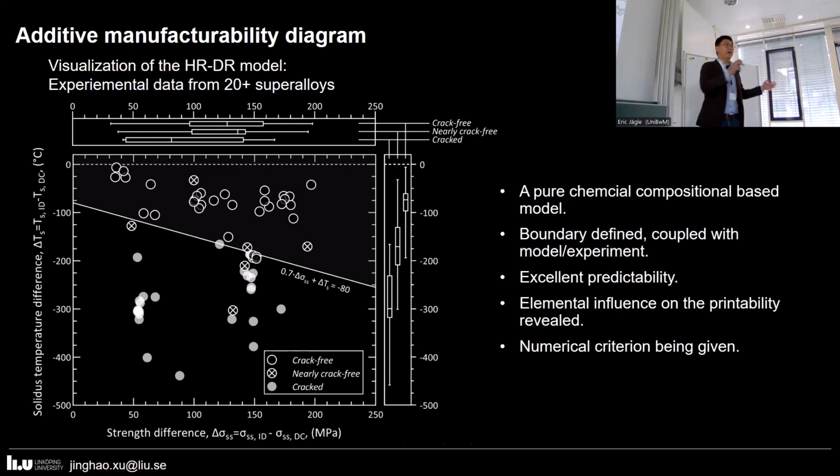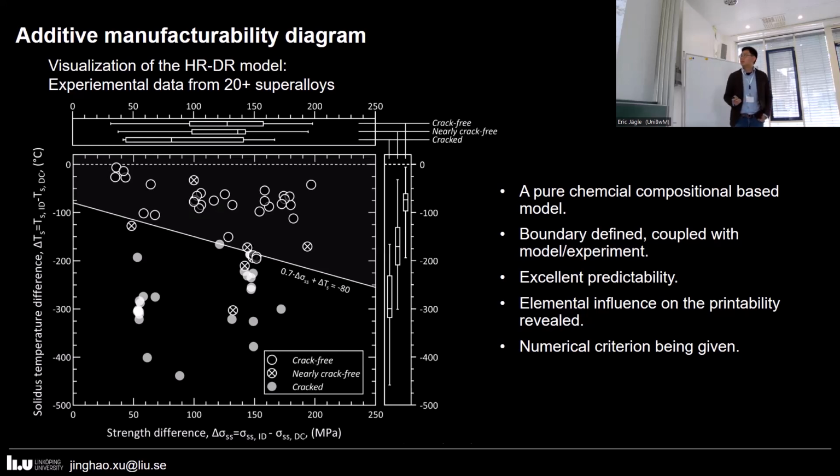They have both higher heat and deformation resistance. They are okay, and it turns out, yes, they are crack-free from the literature data. And those alloys which do not have very good resistance in the ID region are cracked. So it follows quite well with the theory and the experimental data.